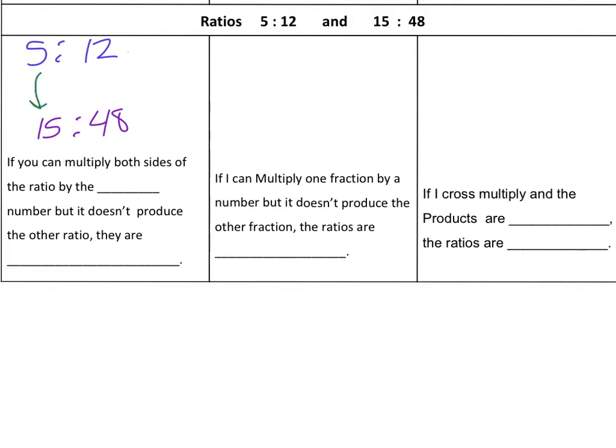So from 5 to 15 is times 3. And let's see if 12 times 3 is 48. No. 12 times 3 is 36. It's not 48. So if you can multiply both sides of the ratio by the same number, and I multiplied both sides by 3, but it doesn't produce the other ratio, they are not proportional.